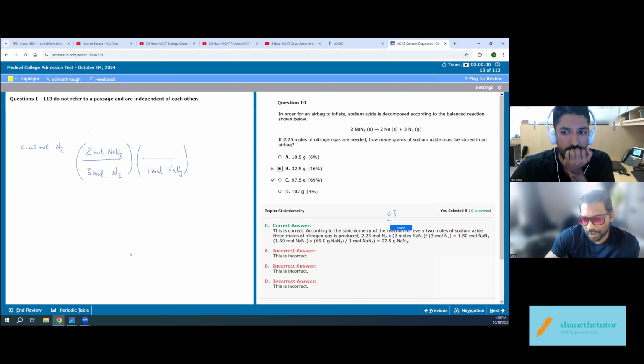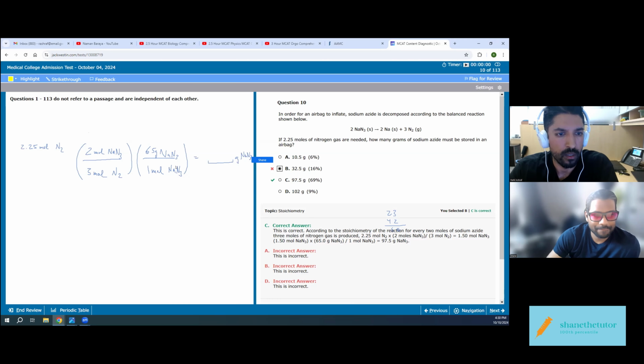So 42 plus 23 is 65. So 65 grams of sodium azide in 1 mole of sodium azide. And then this will give us our answer in grams of sodium azide.